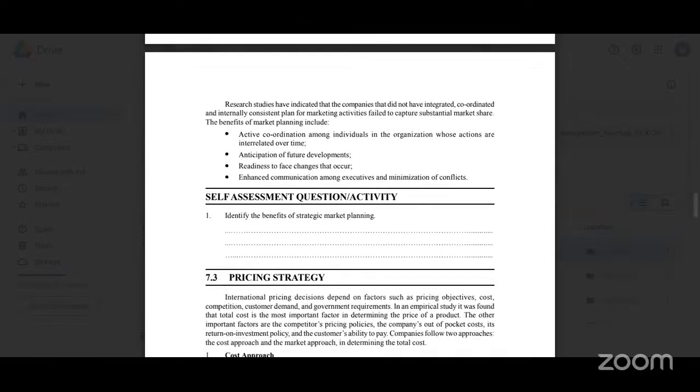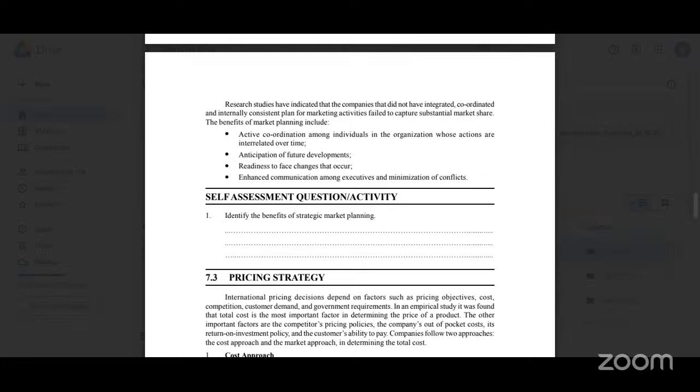So, what do research studies indicate? They indicate that companies do not have an integrated, coordinated, and internally consistent plan for marketing activity. They fail to capture substantial market share. So, what are the benefits of market planning? There are fourfold.